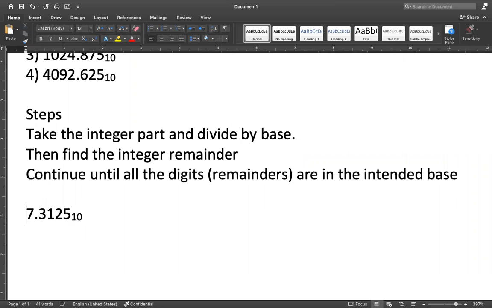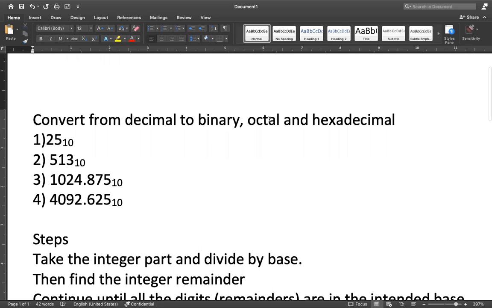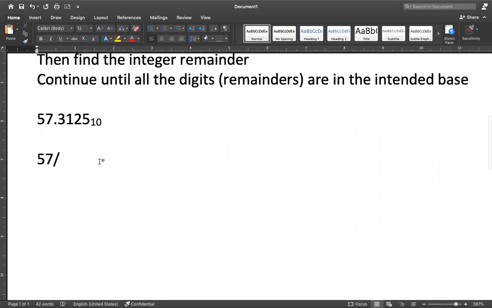Or let's say it's not 17, but 57.3, some number like this, and 57 is the integer part. First you divide by the base. No matter what the number system is, whether binary, octal, or hexadecimal. Let's convert it to binary first. You divide by 2, which is the base in binary, then write the answer and the remainder.